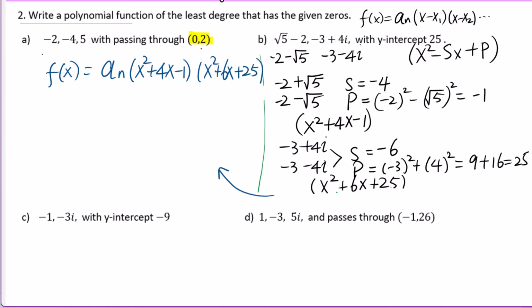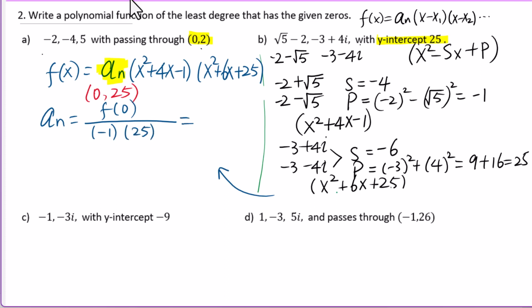We need to figure out this a sub n. We will use this information: the y-intercept is 25, which means the point (0, 25). A sub n equals f of 0 over (-1 times 25), which equals 25 over -25, which equals -1.